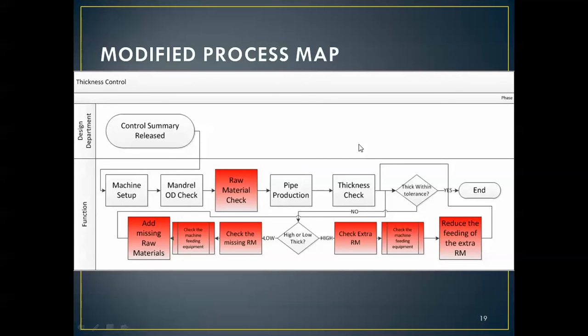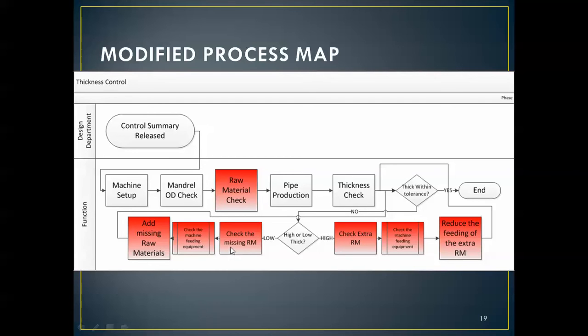After modification of the process, as you can see, this raw material check was there in the original process, but I made a thread like this because we need to start collecting the data for checking the raw material before production. It will benefit us a lot in knowing the reasons for any thickness variation in the future. And here, whenever we have thickness variation, we need to check, first of all, what is the missing raw material. It's not just adding and reducing any raw material.